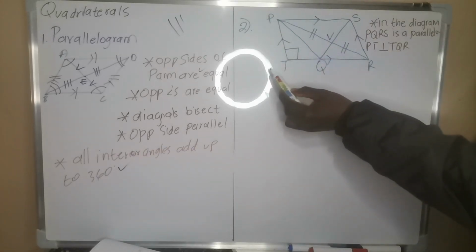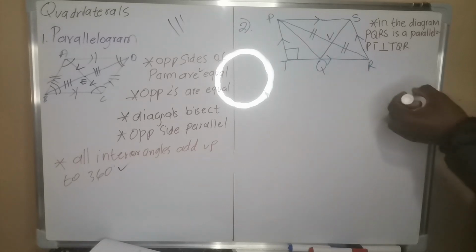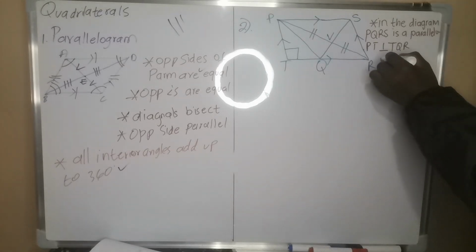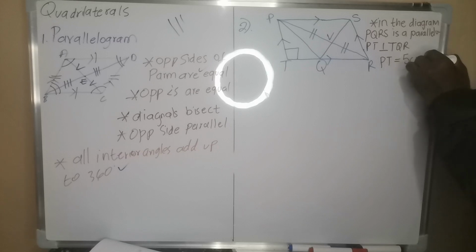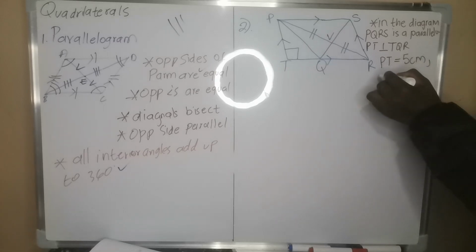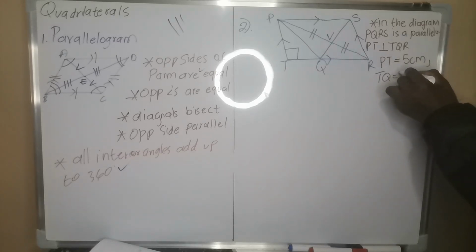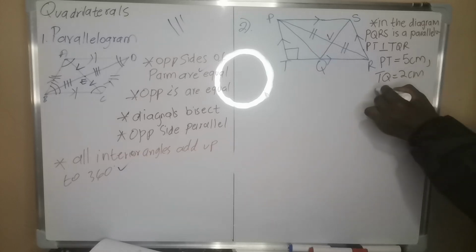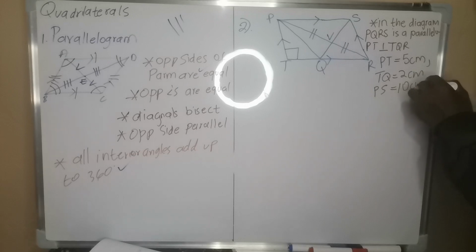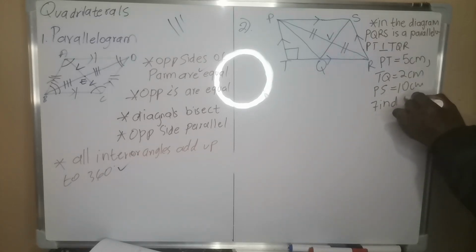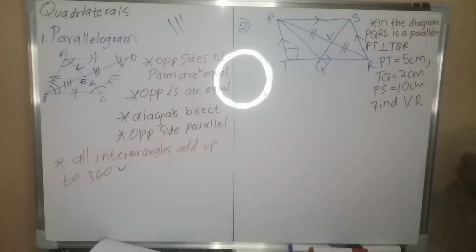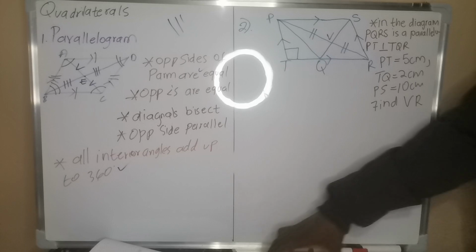PT, perpendicular to TQR. Then they're saying PT is equal to 5 centimeters. TQ is equal to 2 centimeters. PS is equal to 10 centimeters. Find VR. It's very simple, guys, to find VR.